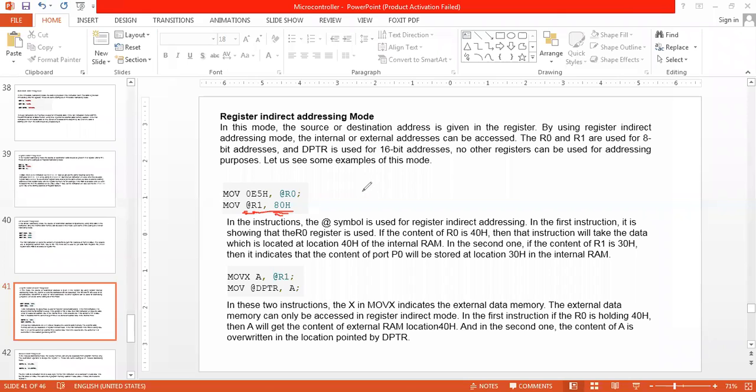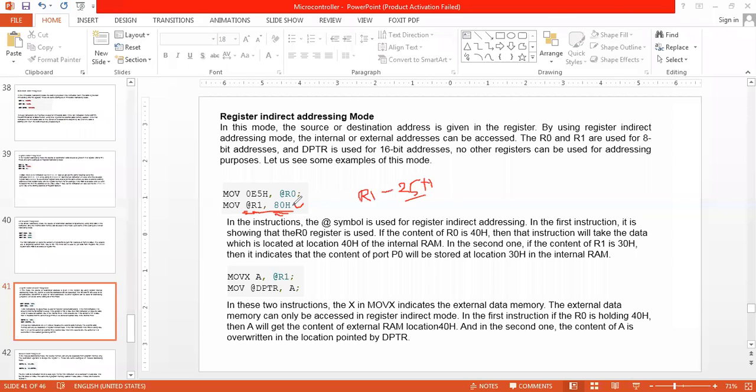Right? Say R1 was having 25H, the data before executing this.